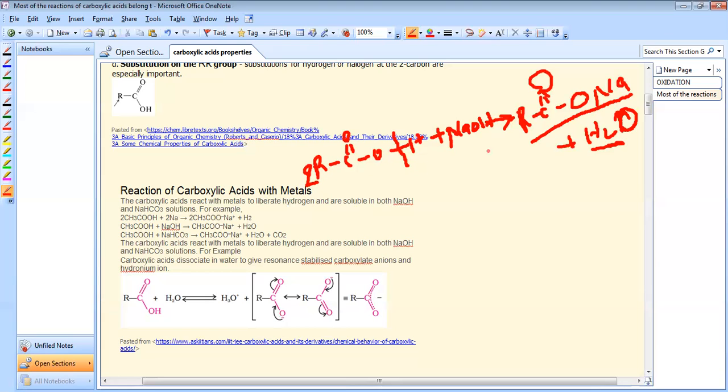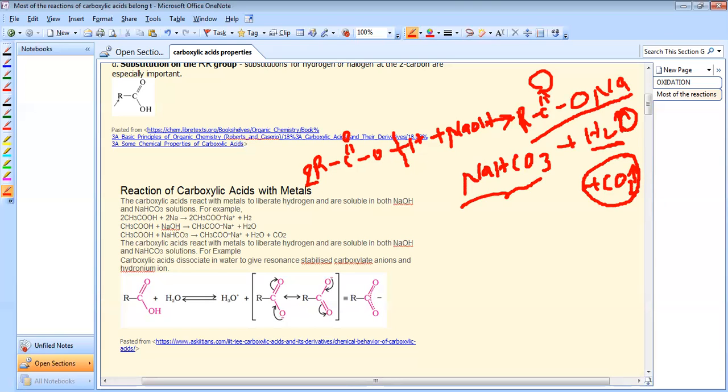So this is the acid and this one is the base. Sodium hydroxide is a strong base, and when it is treated with a weak base like sodium bicarbonate, we also get the same products along with the liberation of a colorless gas, that is carbon dioxide.